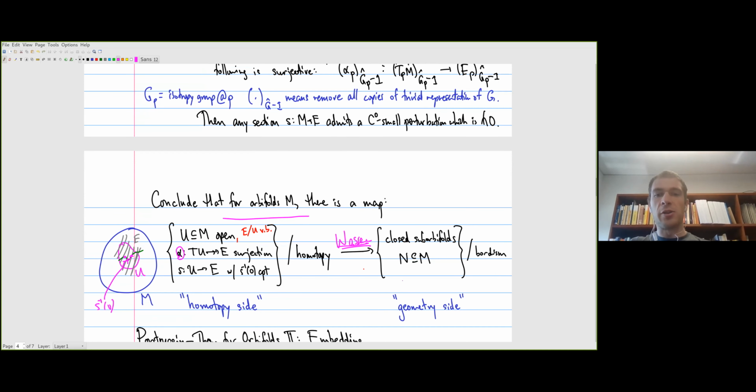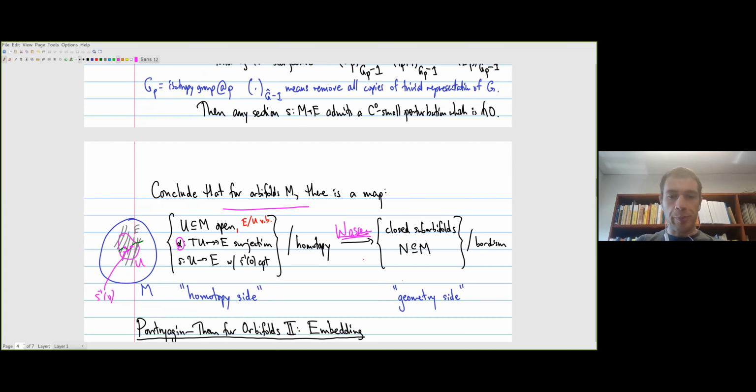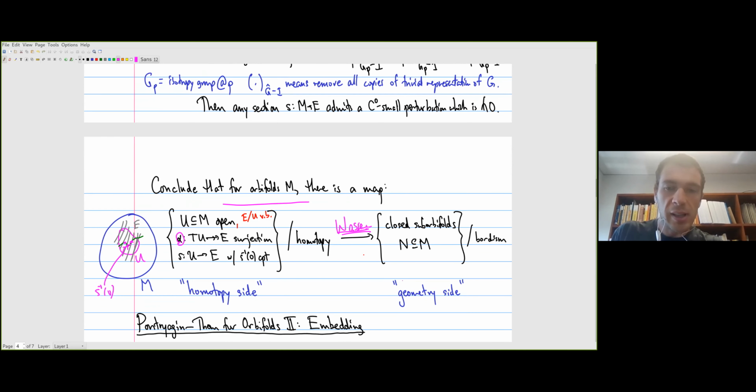So now what about the other direction, from geometry to homotopy? How does that work? Remember, what did we do for manifolds? We began with the manifold, and the first step was to embed it into R^n. To do that, we could just take a generic smooth function.